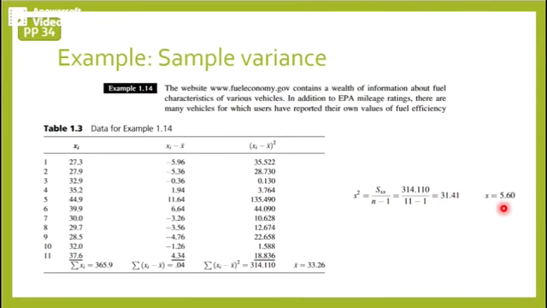And this is our standard deviation if we take the square root of the sample variance. It is important to note that to avoid rounding errors, you should only round your final answer. Do not round in between. Keep as many decimal points as you can.